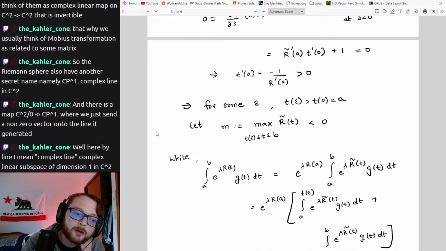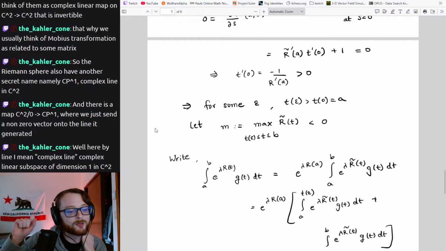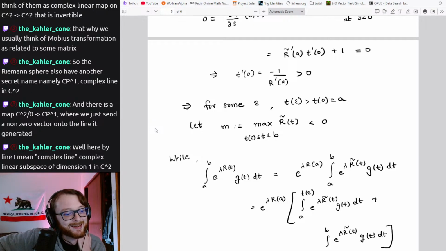In complex line, complex linear subspace of dimension 1 in C2. Well, but a dimension 1 complex number is still two-dimensional, like it's still a real number plus an imaginary number. Maybe that's why I'm confused.